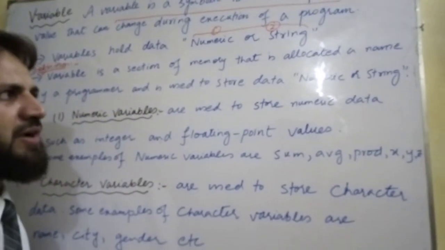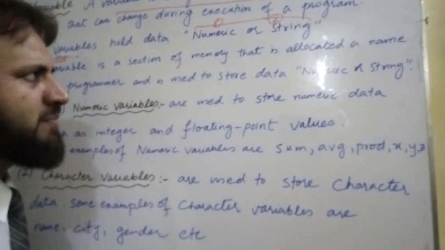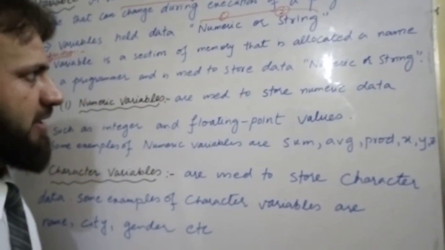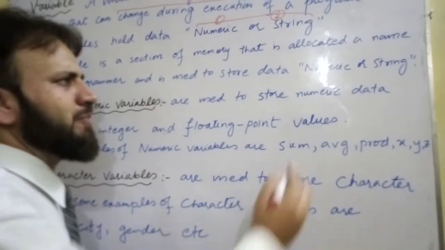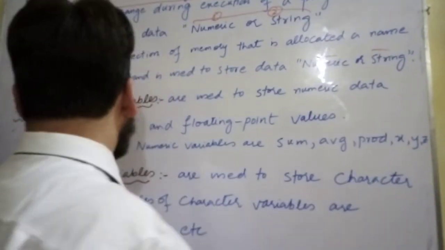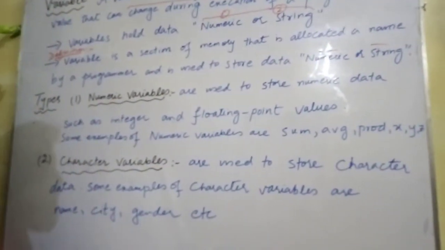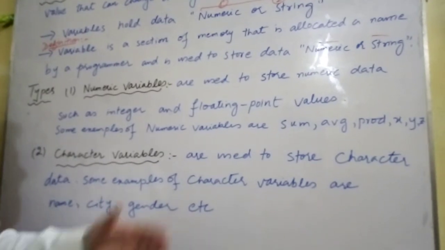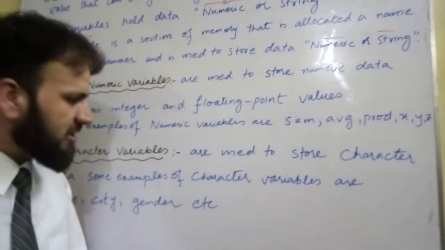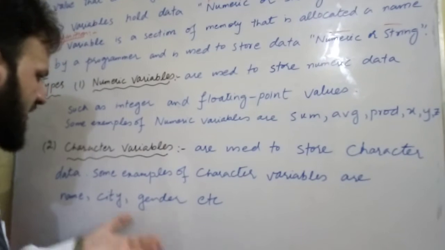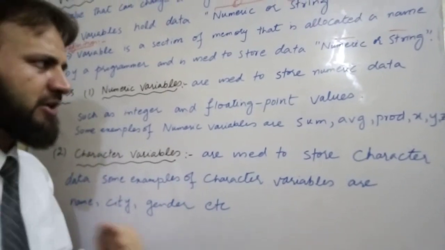We can assign different names to variables, x, y, z, by a programmer. So there are two types of variables: numeric variables that store numeric data, and similarly string character variables that store string data.